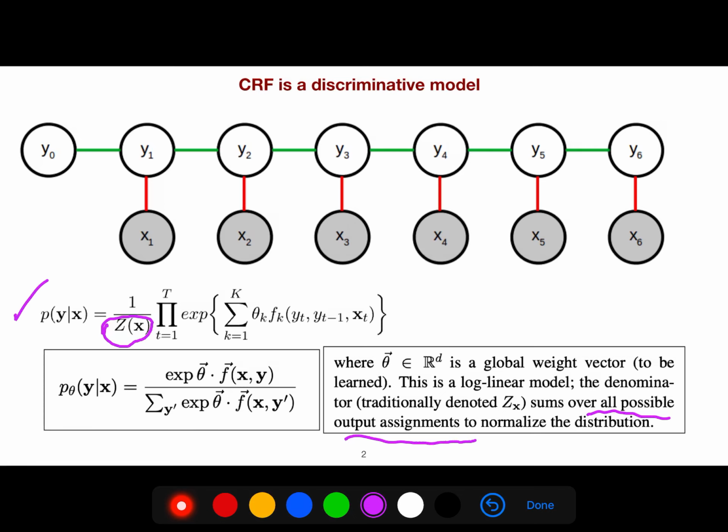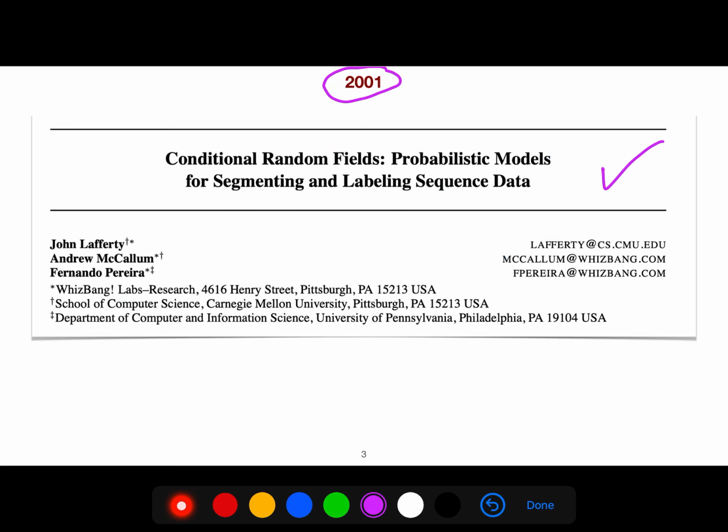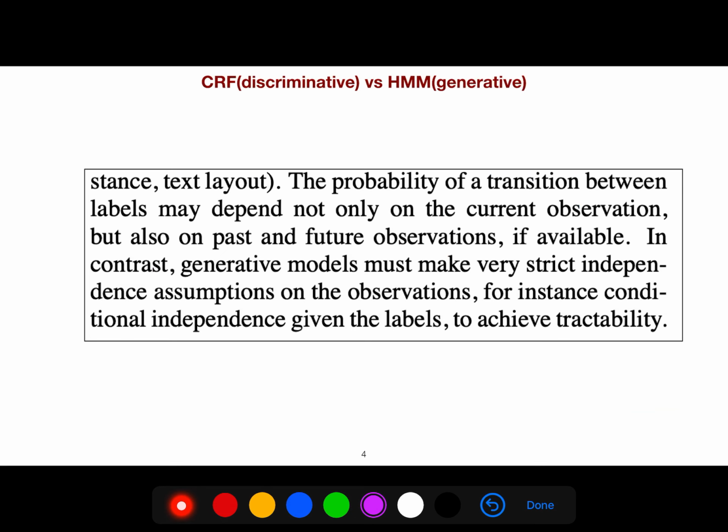And you see it is an undirected graph. CRF is an undirected graph, but HMM is a directed graph. So there is no direction from observation to state or between the states. So the probability of a transition between labels may depend not only on the current observation, but also on the past and future observations.